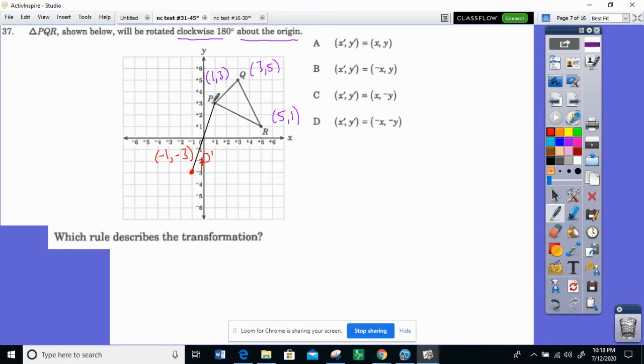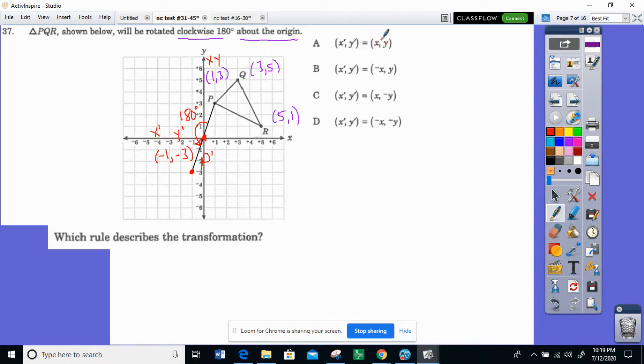Why is that what we get when we do the 180 degree rotation about the origin? Well, the segments showing us this angle have to pass through the origin. And this is a straight line because the measure of a straight line is 180 degrees. So if this is x, y, and this is x prime, y prime, how did we change x and y to get x, y to x prime, y prime?